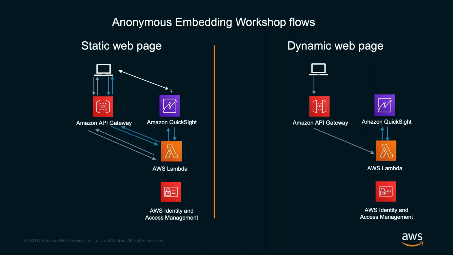It will replace the placeholders for that URL. So it packs in that embed URL into the HTML itself, and that dynamic HTML is now returned via API gateway to the client browser, and therein it gets embedded into the div by our front-end JavaScript library. And once that's done, the content is pulled from QuickSight and the dashboard comes up. So this is what we will build today in our hands-on workshop.